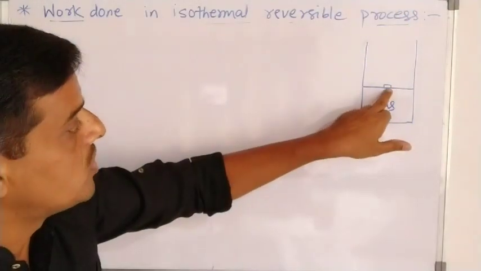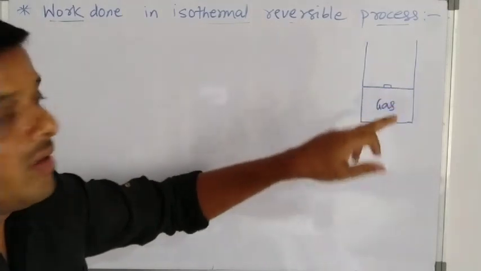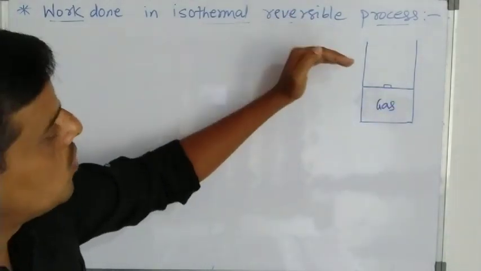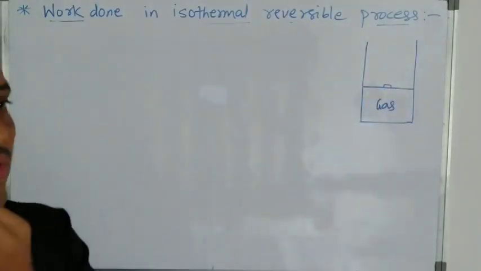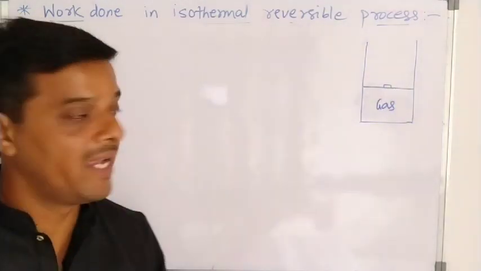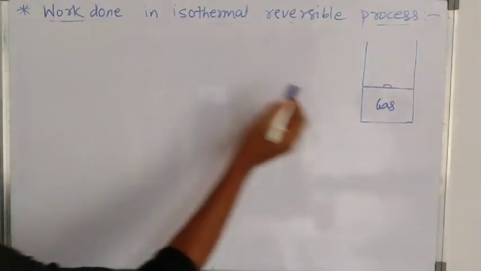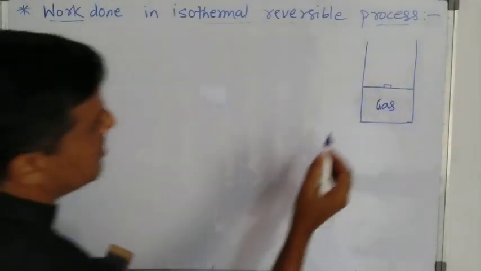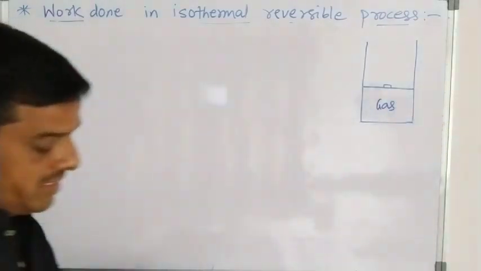If it has certain weight, then the gas utilizes more energy to do the work, and that is why we will not be able to determine the work done during this expansion accurately. That is why the piston must be weightless.